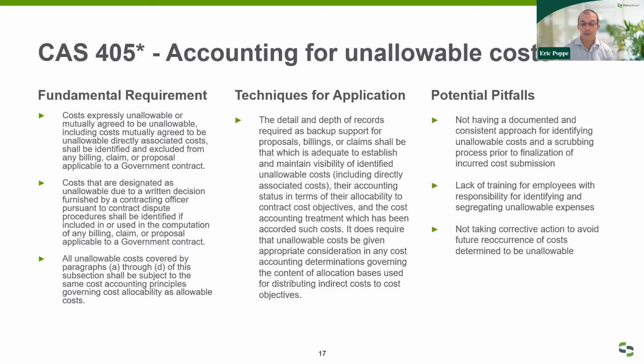But this standard goes pretty close to the rules in FAR Part 31, but it really talks about the fundamental requirement being the identification and segregation of unallowable costs from any billing, claim, or proposal applicable to the government.